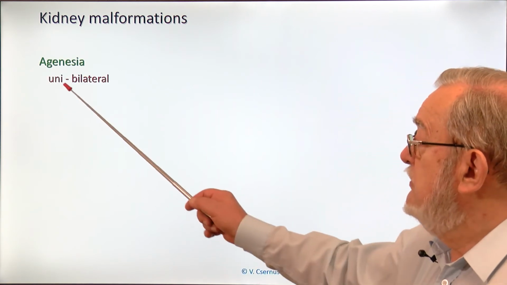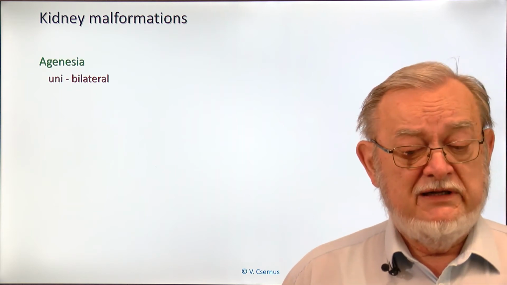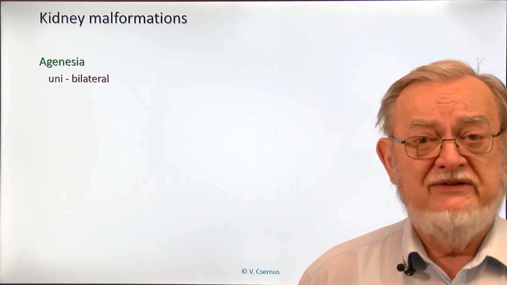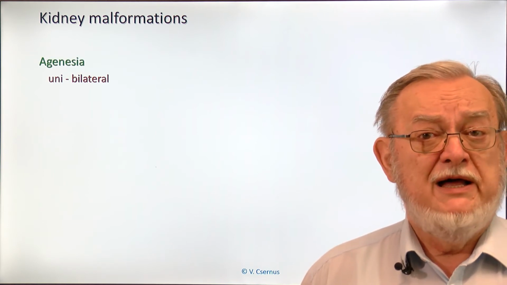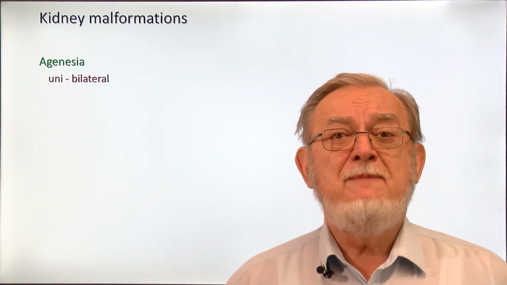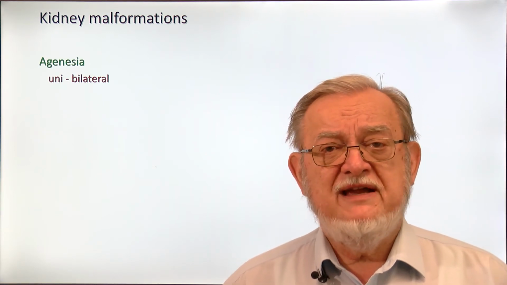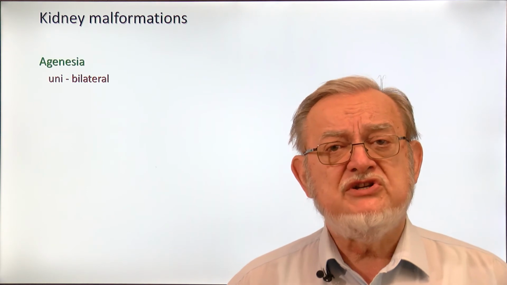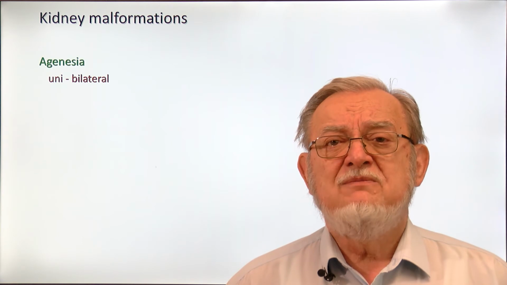This can be unilateral or bilateral because we have two kidneys. If it's unilateral, one kidney forgets to start developing, the other one develops well, and there is no problem. Usually it goes unnoticed because if one of the paired organs develops, it can fulfill all the function of the pair, and there are no visible symptoms.